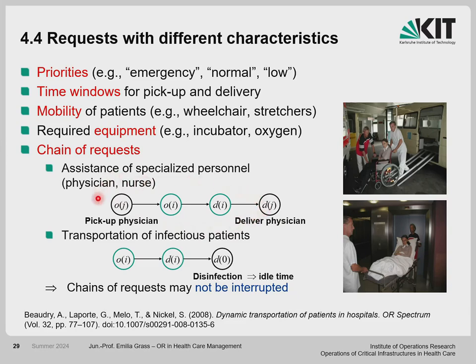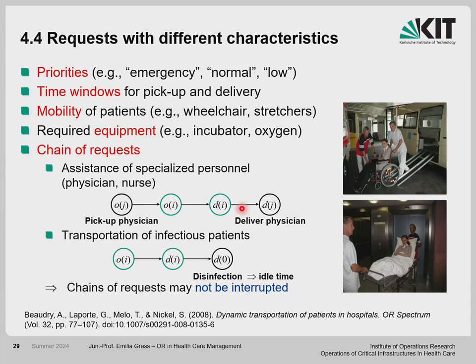We cannot pick up the nurse, go to another patient, and then to another, and then later go to the delivery point. This is not possible. So we pick up the nurse, go instantly to the patient who needs the nurse, and after the delivery is done, the nurse should be brought back. Same with transportation of an infectious person: the patient is delivered, but then the entire vehicle should be cleaned, and we have idle time that takes 1 hour.